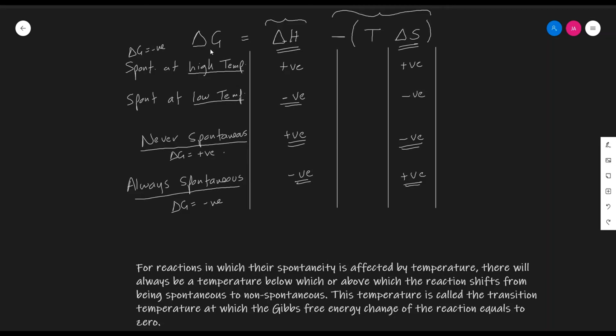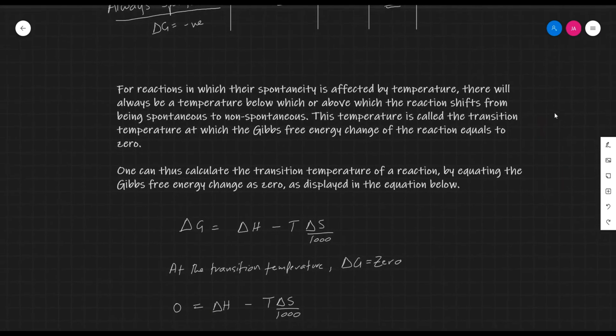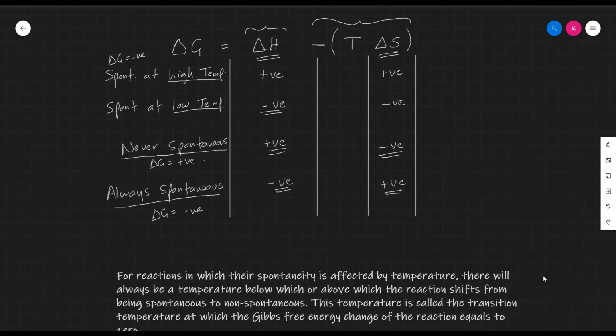That temperature at which there is a transition from being a spontaneous reaction to non-spontaneous, or the other way around in the second example, a transition from being non-spontaneous to spontaneous. Basically, the temperature at which a transition in spontaneity of a chemical reaction takes place is called the transition temperature, and you will be asked to calculate this temperature for chemical reactions in which their spontaneity is affected by temperature.